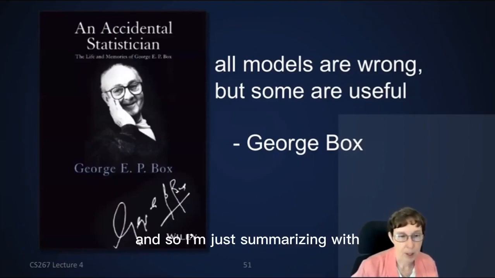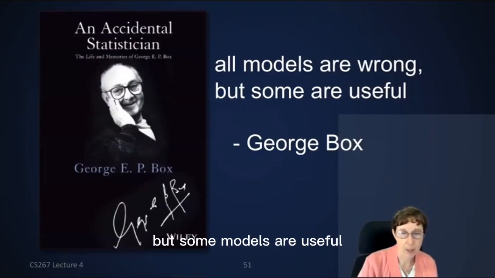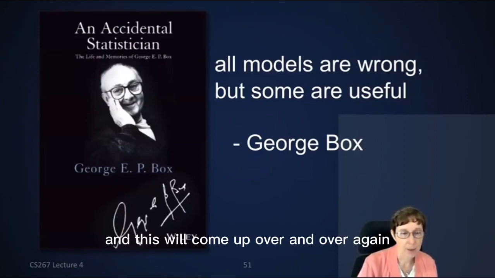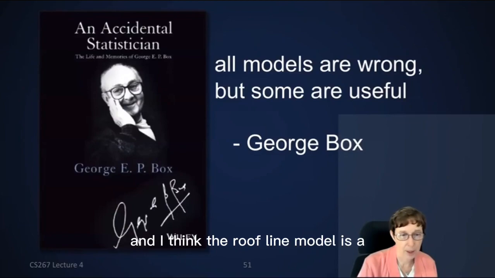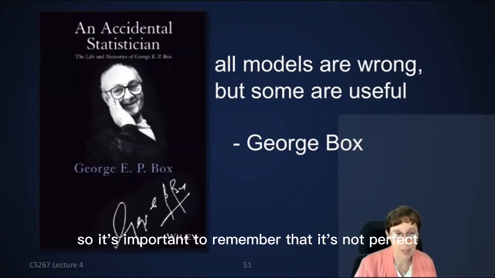And so I'm just summarizing with a quote by a famous statistician, George Box, who says, all models are wrong, but some models are useful. And this will come up over and over again. I think the roofline model is a great example of that. So it's important to remember that it's not perfect.